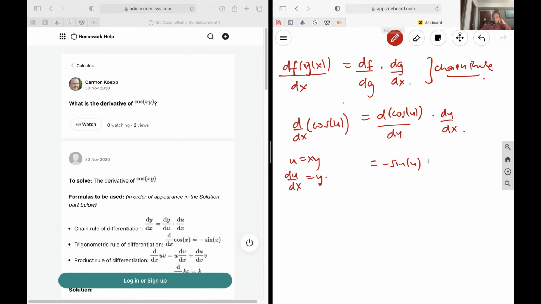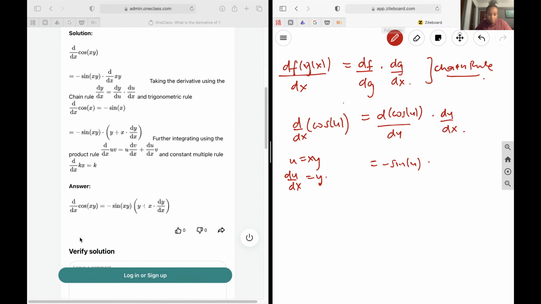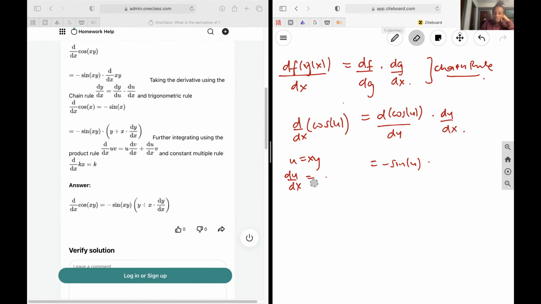If y is a function of x, which we are not told here, then du over dx is going to utilize the product rule, and it is going to be the derivative of x first, which is 1, times y, plus x dy over dx.